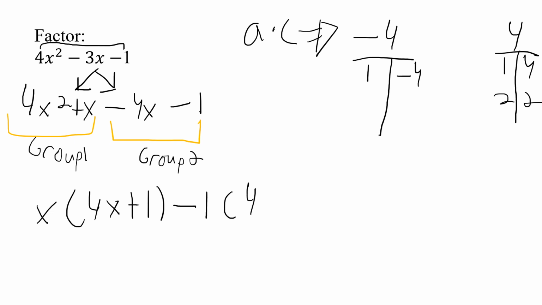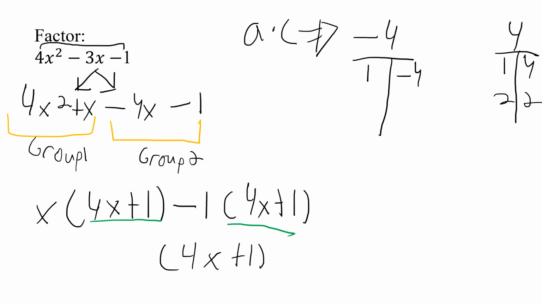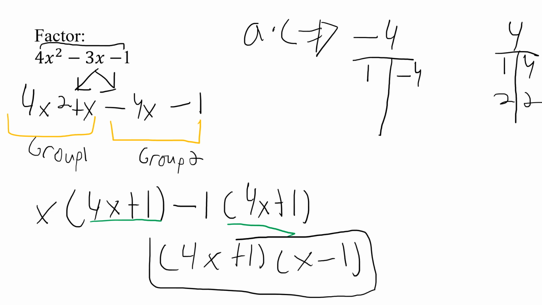So it becomes positive 4x plus 1 because we pulled the negative out from both in group 2. And as you can see, we got the same thing there, which is exactly what we wanted. So we have our answer as we rewrite the one that repeats itself one time, and then we rewrite the outside inside parentheses. And that is it for that.